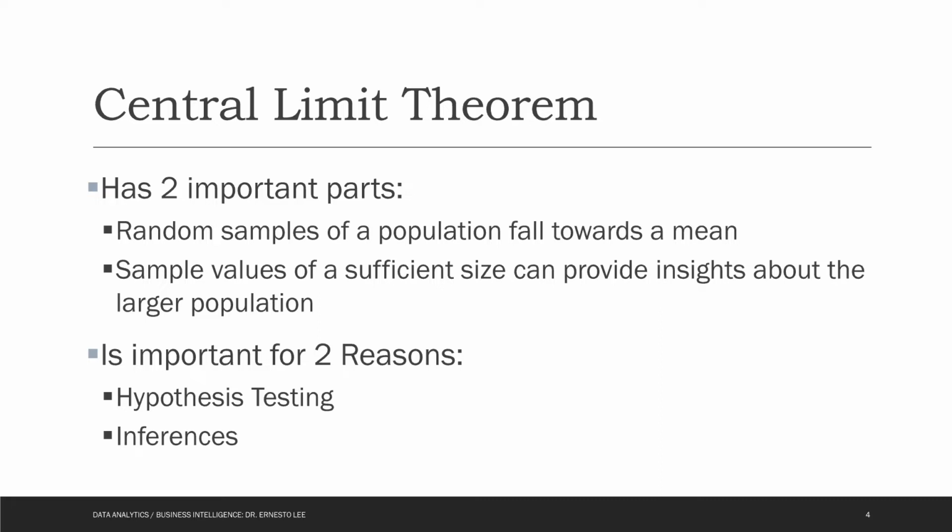What I can do is use the central limit theorem, look at those columns of data, and from just a small subpopulation, I can develop insights about the association of smoking with cancer risk, for instance.